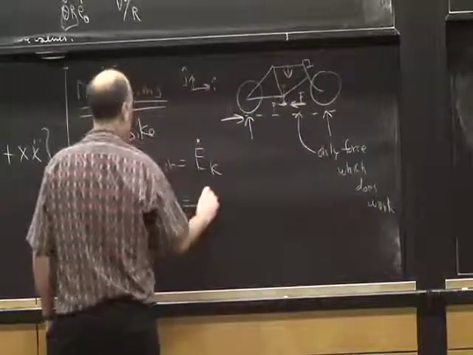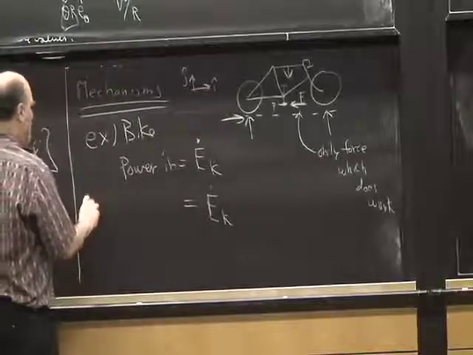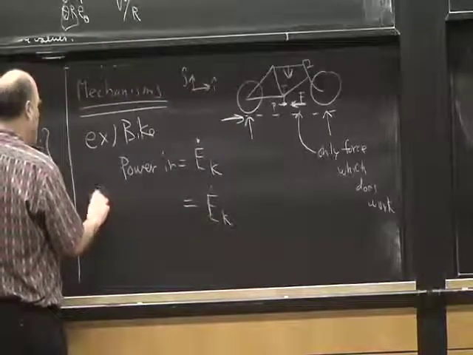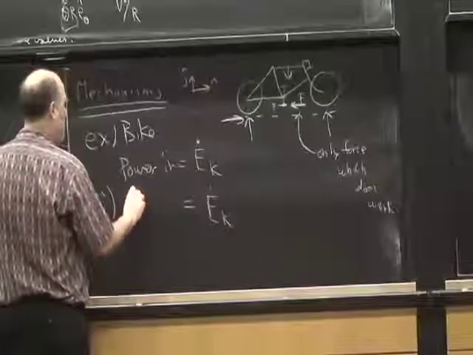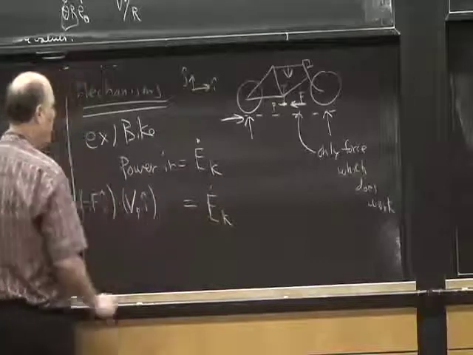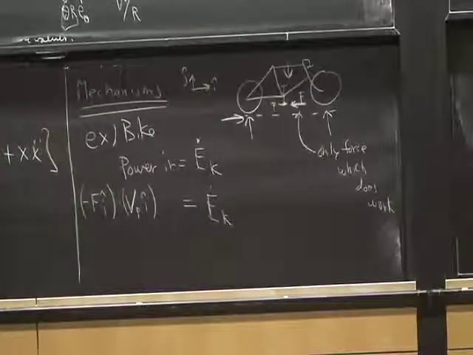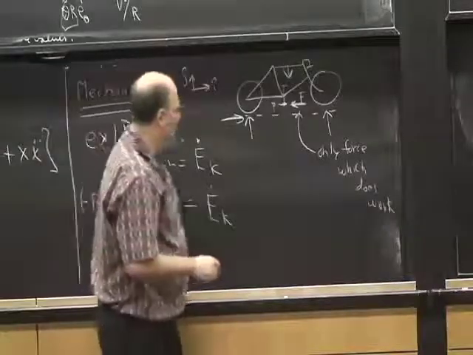So we have, on the left-hand side, the power in is minus F i, dotted with the velocity of the pedal, which I'll call Vp i. That's how fast the pedal is moving forwards. And that has to equal Ek dot.